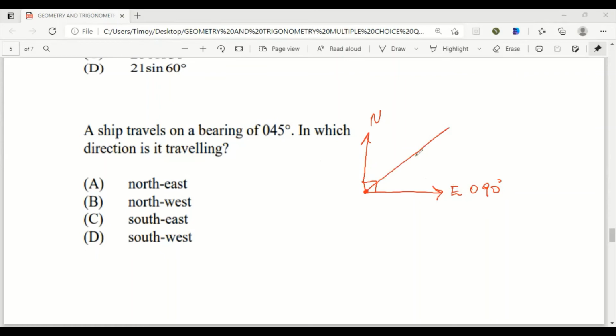So halfway between north and east will give us what? Northeast, right? So this is the bearing from north, the ship will travel 045 degrees. And that would take us to northeast. So which one is that? Northeast is just E. So that's it for that problem.